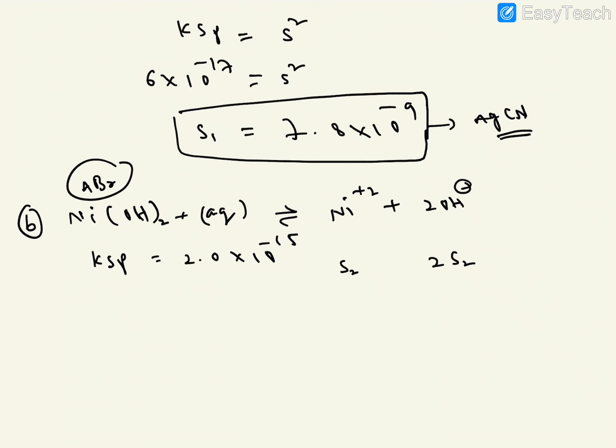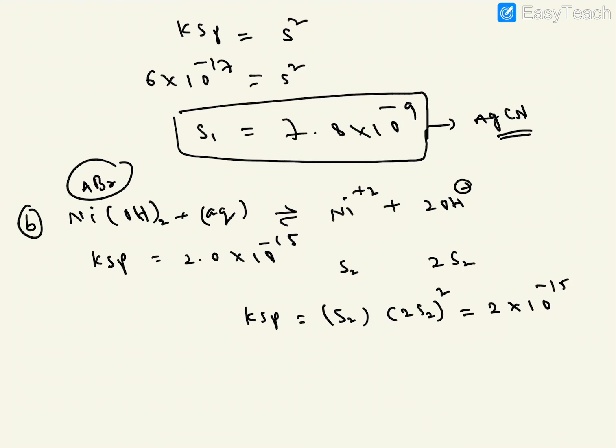And the OH concentration is 2S. So generally the Ksp is equal to S into (2S) squared, equal to the Ksp value they are giving, 2 into 10 to the power of minus 15.